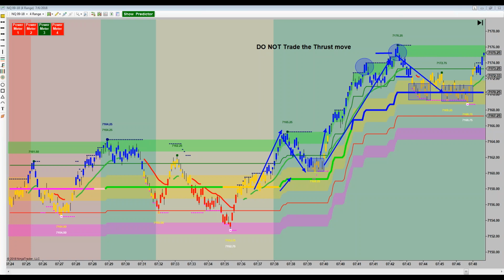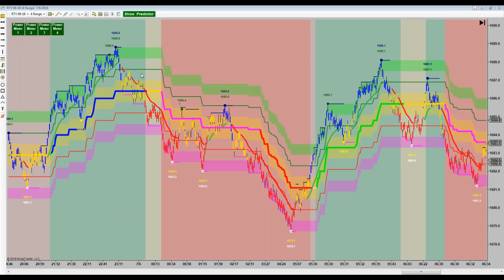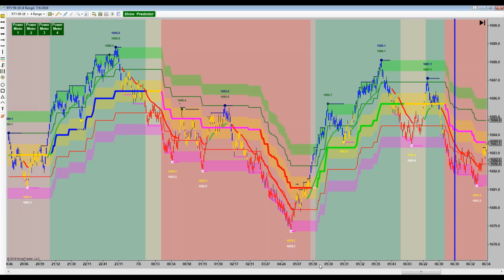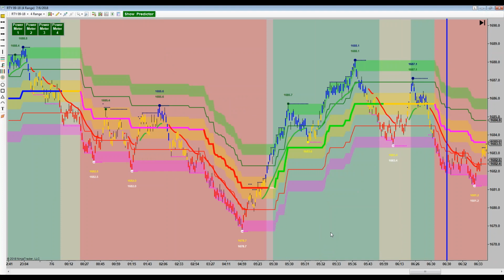Okay, so here's the Russell. I'm going to advance it from the open, and you are going to make the trade call, you collectively, team, here this morning. 630 would have been located right here on the chart. There's your open on Russell RTY, $5 a tick, mid cap futures.